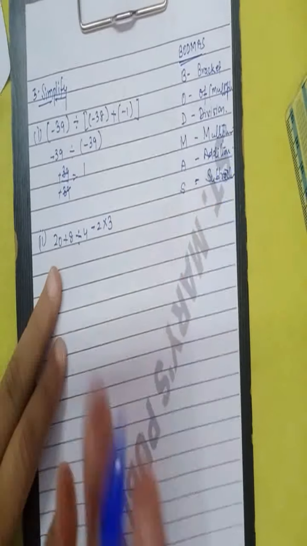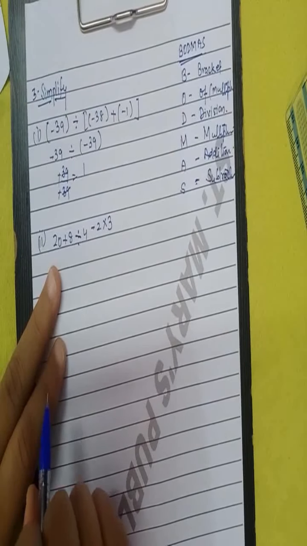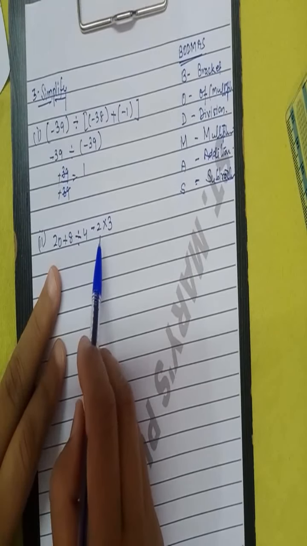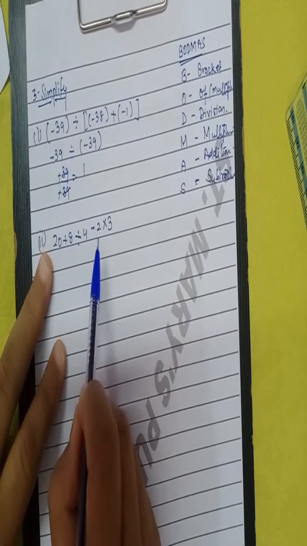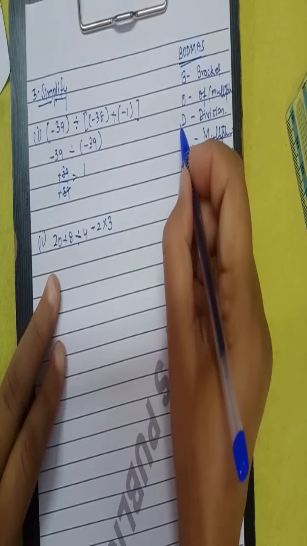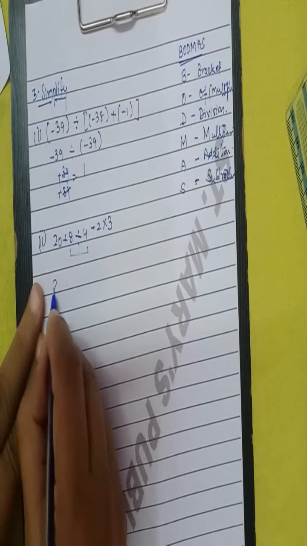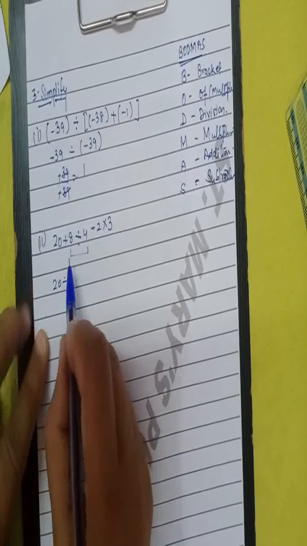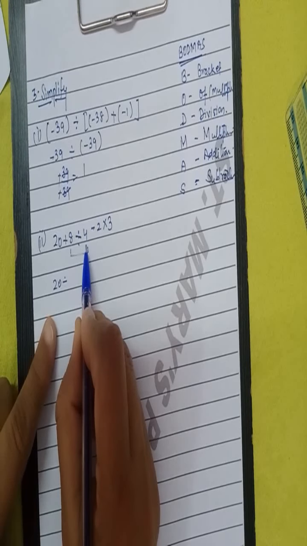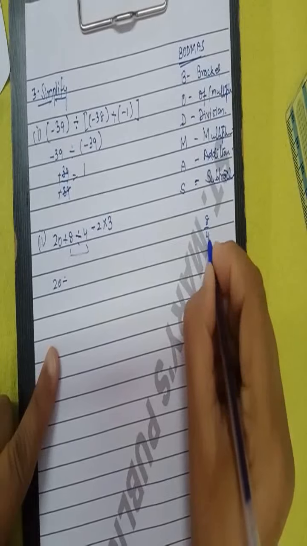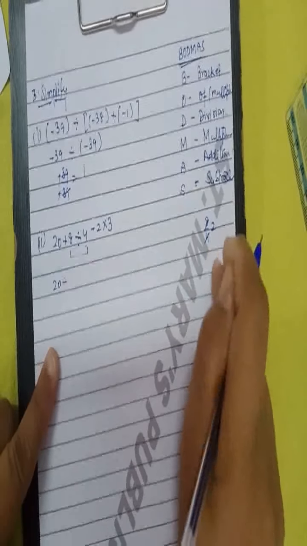So according to the BODMAS rule, what do we have to solve first? Bracket is not given, of is not given. So that means in BODMAS, D comes first. So we have to solve this step first. 20 plus, if we divide 8 by 4, what do we get? 8 divided by 4, we get the answer 2.